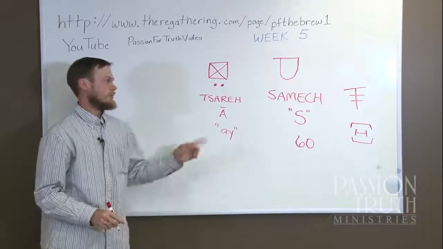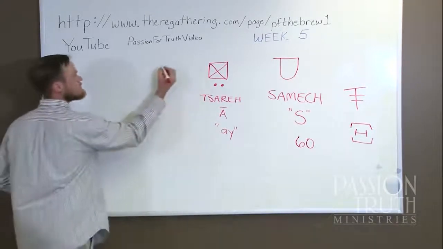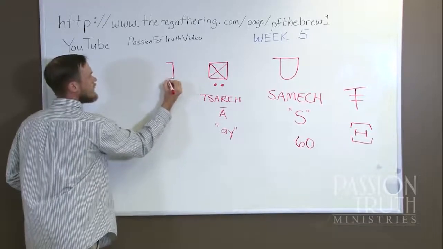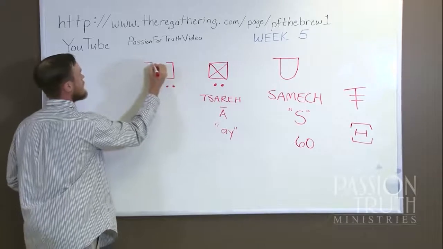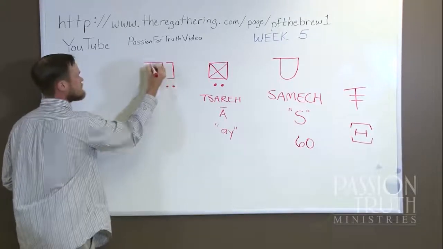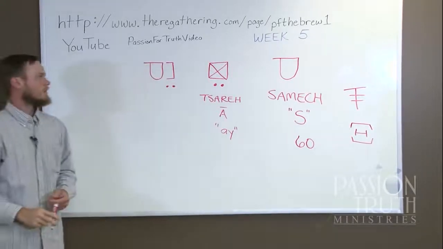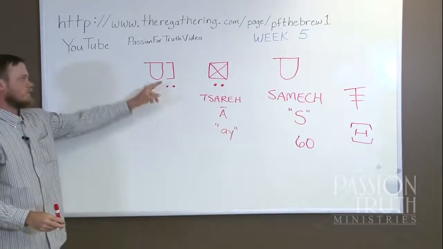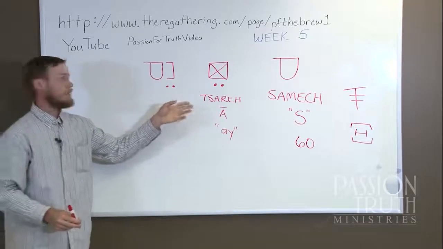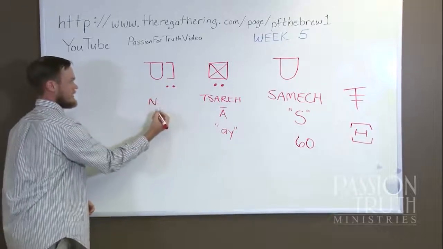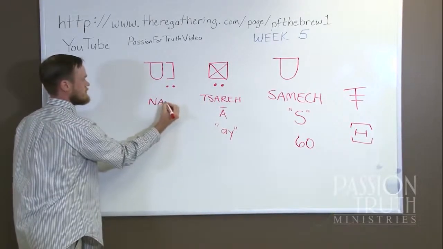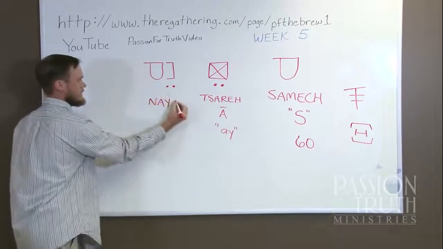So, using a nun with a tsera underneath it, followed by a samech, right? This would be pronounced the N of the nun, A of the tsera, and the S of the samech.